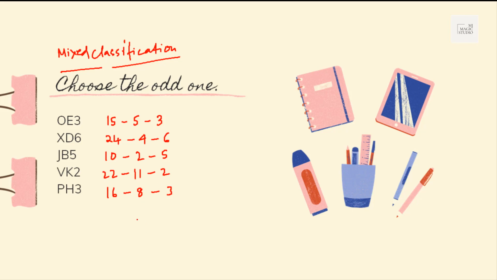So now it's simple. We can try and identify whether there is any relationship here. We can see that 3 into 5 is 15. That means the first one is equal to the second one into the third one, if I fit it in like this. So 4 into 6 is 24 fits in, 2 into 5 is 10, 11 into 2 is 22. So yes, this classification is accepted now, and we can see this in the top 4.